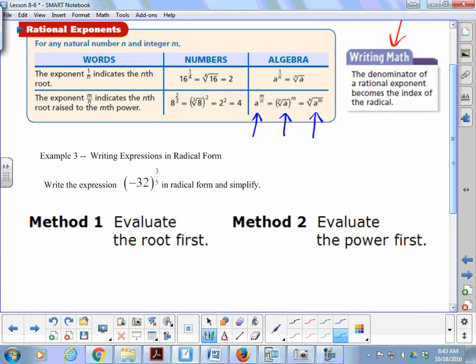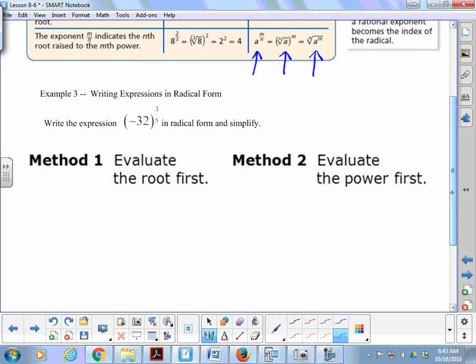So we were talking about in what you did yesterday, we had 32 to the 3/5, didn't we? Okay, and we already talked about that problem. But here's negative 32 to the 3/5. Okay? So the big thing with these problems is that in this case the denominator is 5, so that's the index. So I have the 5th root of negative 32. Okay?